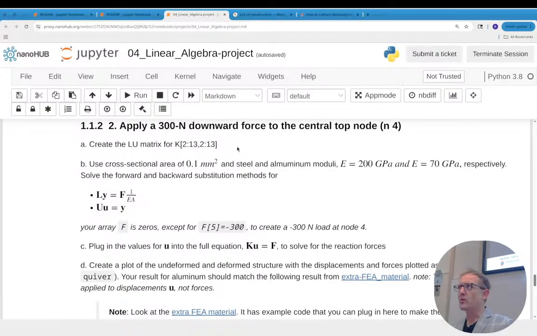What did you use for finding the LU and then solving that LU decomposition, like forward and backward substitution?